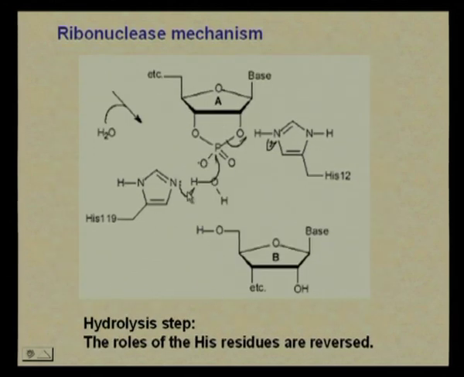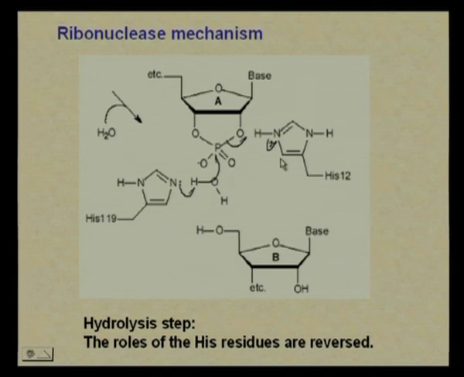In the next step, so this is the cyclic part that is formed. You have to remember that this H came from the histidine 119. In the previous slide, what did we see? This H was picked up from histidine 119 because histidine 119 acted as the acid.